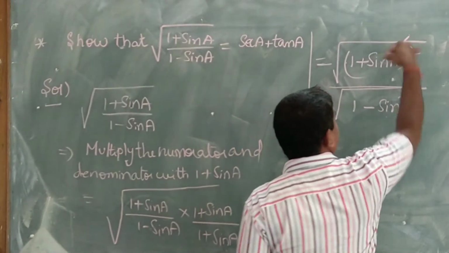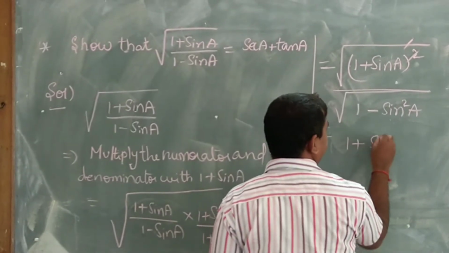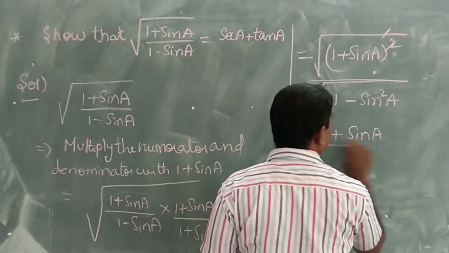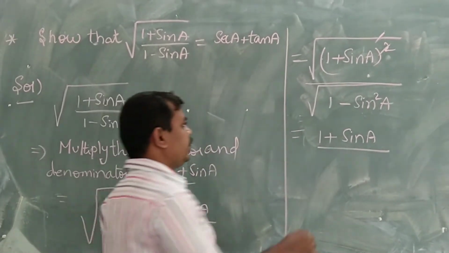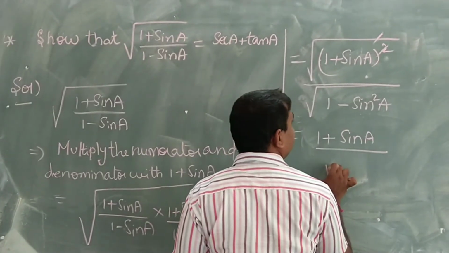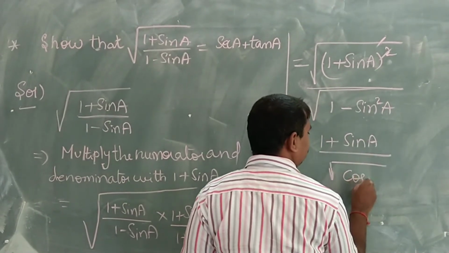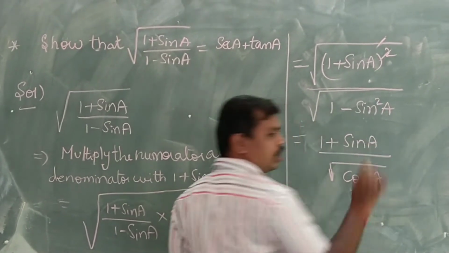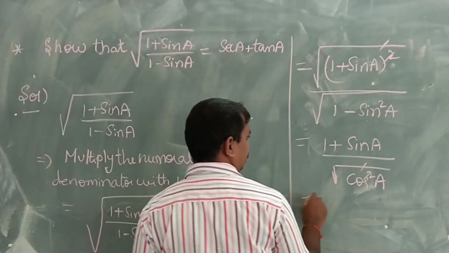The square and root will get cancelled. We remain with (1 + sin A) by what is 1 − sin² A? That is nothing but under square root of cos² A. The square and root get cancelled.